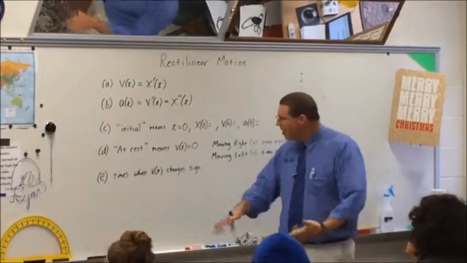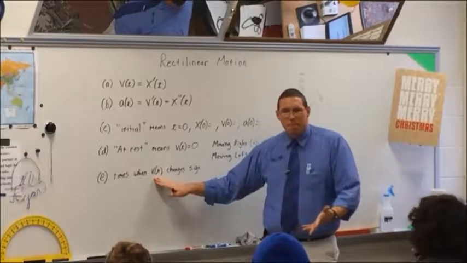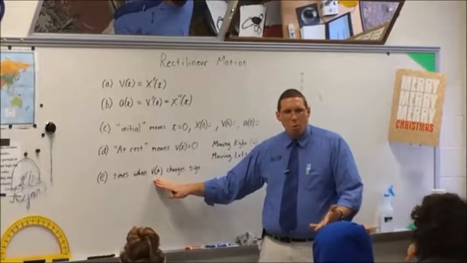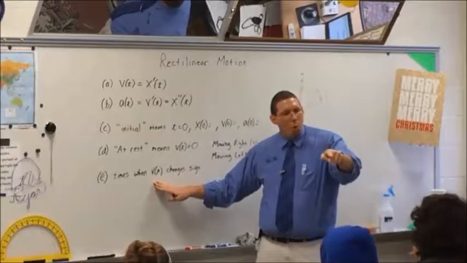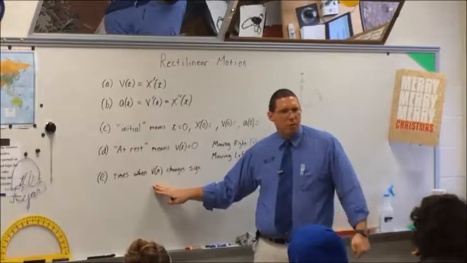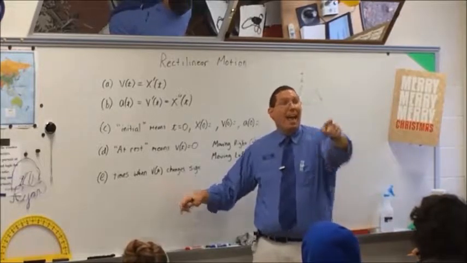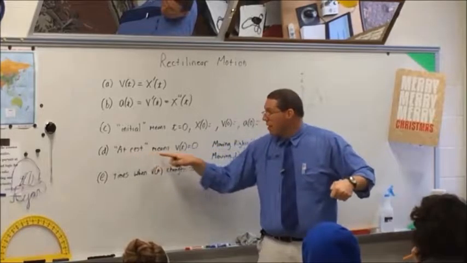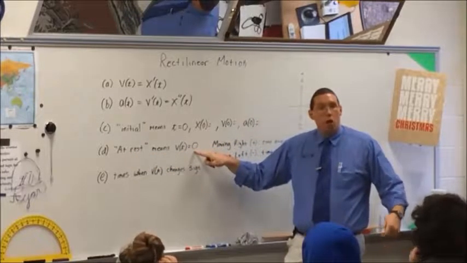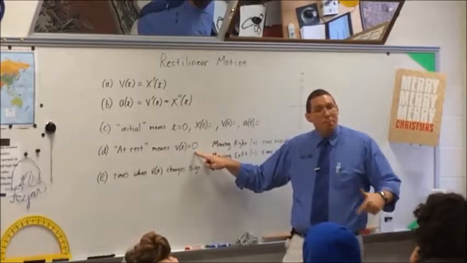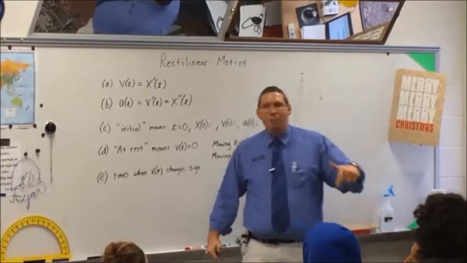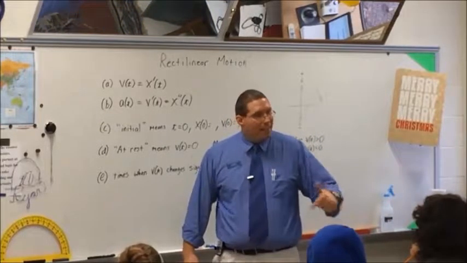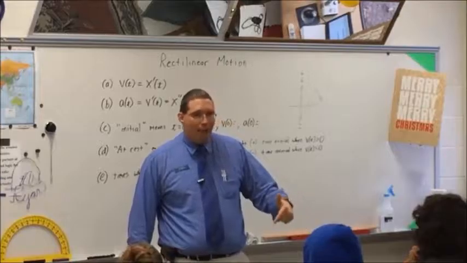Well, didn't we already find the zeros of v of t? Right, but what question did we answer? At rest. At rest means where velocity equals 0. So that must mean that when an object changes direction, it must be at rest.